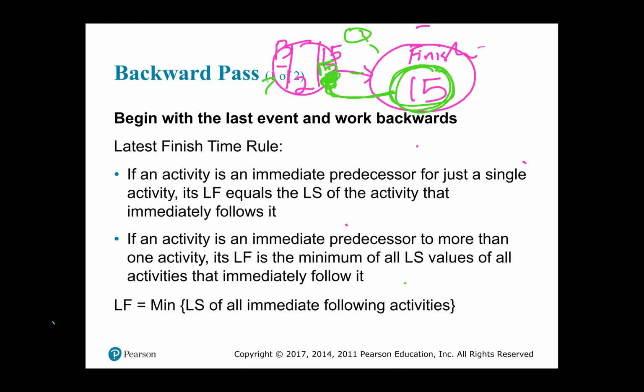So this 15 in the finish node will form your first late finish. And that is how you open the loop to begin the backward pass. So it's imperative that you have a finish node with the information in it, because that is where you're going to get the information from to begin your backward pass.